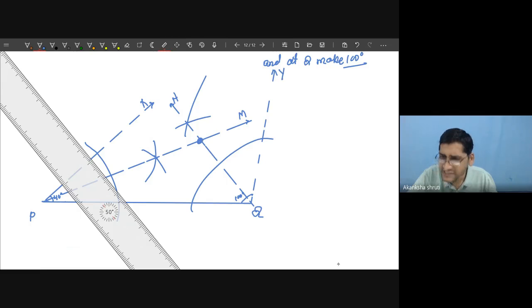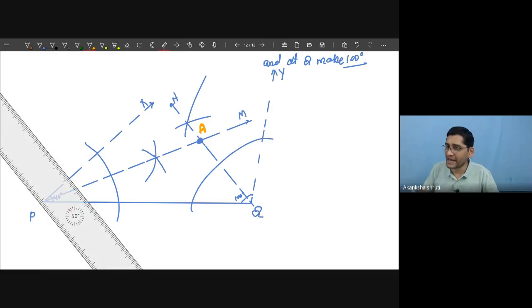Are you getting this point? By this point we have determined the point A. It is very interesting. This way the very first point A is determined. Now we have to determine the point B and C.